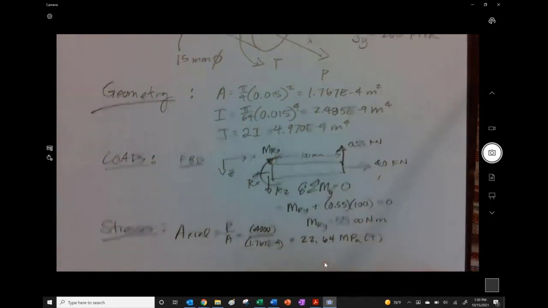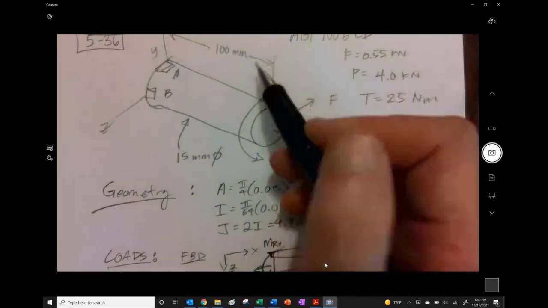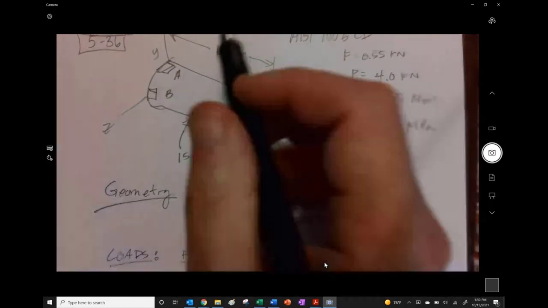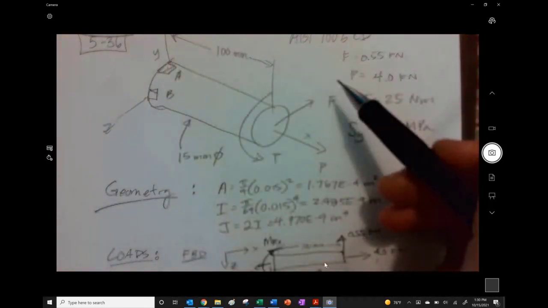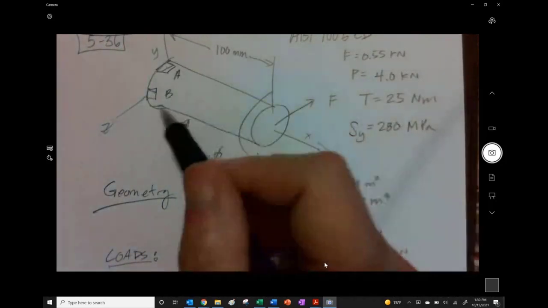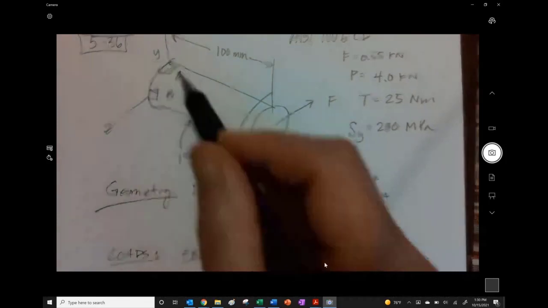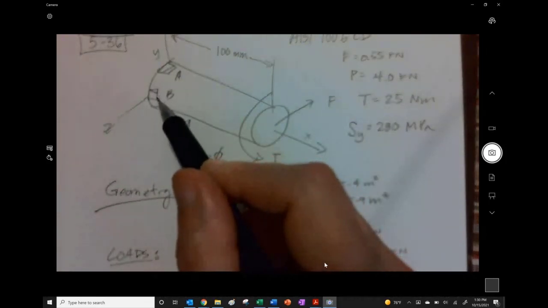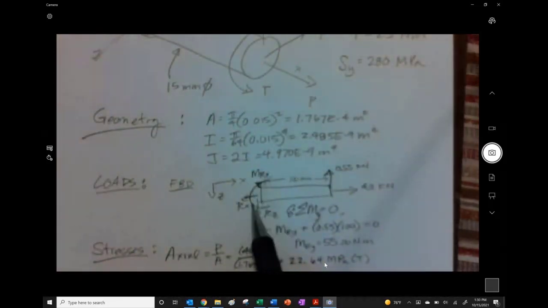We take a look at our situation up here, and I asked the question, do you think we had bending at A? Is there any bending at A? No. No moments, right? Right. You need a moment about Z to get any bending at A. So all the bending is going to be from B, and it's all going to be from this moment right here, this guy.